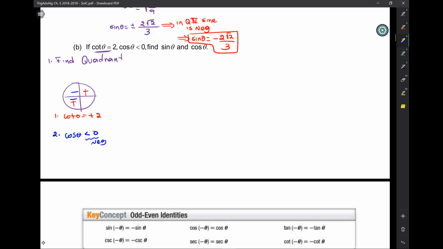Three, bottom left, the third one. So the answer is in quadrant 3. Any answer I find has to satisfy quadrant 3. I have cotangent. I need sine and cosine, so go search for an identity that connects cotangent to sine.